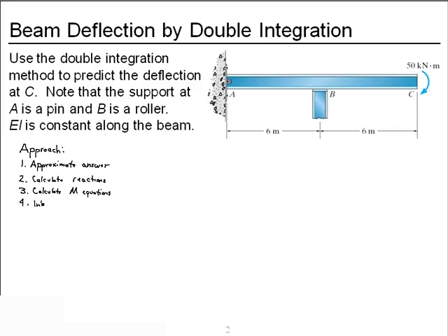Then we'll integrate the moment equations divided by EI to get slope everywhere. And we'll integrate the slope equations to get vertical deflection. And because those are indefinite integrals, we're going to have constants of integration.